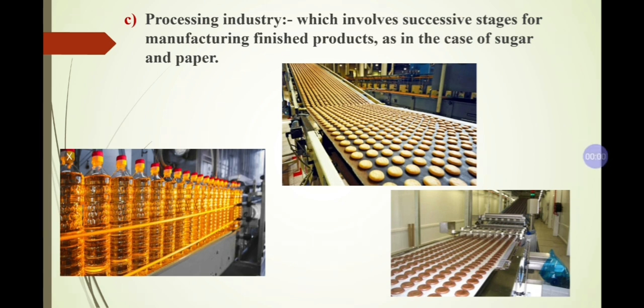Next, processing industry, which involves succeeding stages of manufacturing finished goods, as in the case of sugar and paper. Not only sugar and paper, I can take the example of oil, soap, biscuit also. Processing from one primary product, I have to go through many stages. For example, here I have taken vegetable oil, which we use. First we need to collect the seeds, one process.